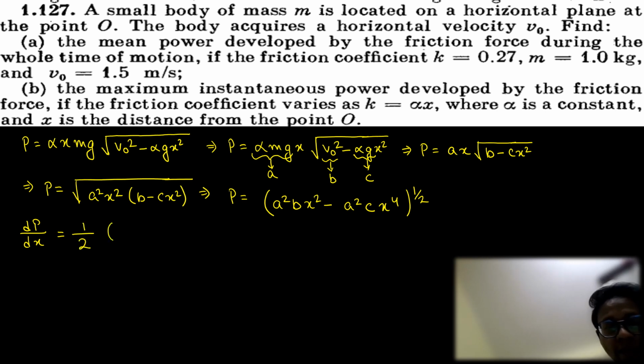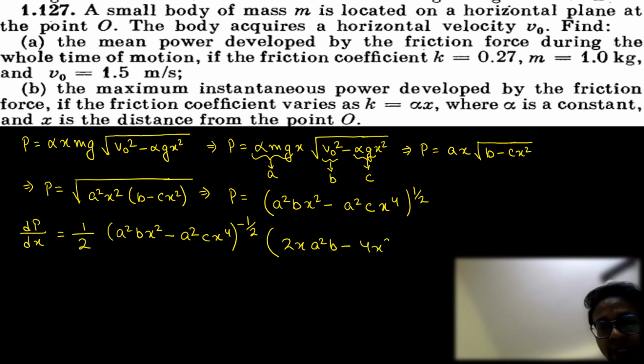Half into a square b x square minus a square c x to the power 4, to the power 1 by 2 minus 1, which is minus 1 by 2, into, now we differentiate inside the bracket, 2x a square b minus 4x cube a square c, should be equal to 0.